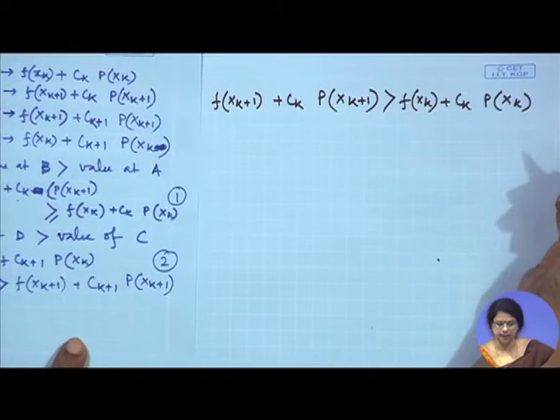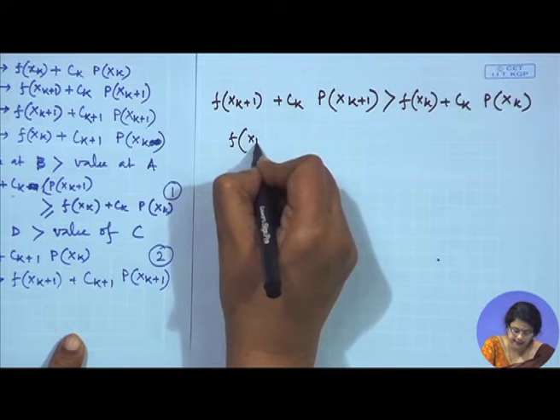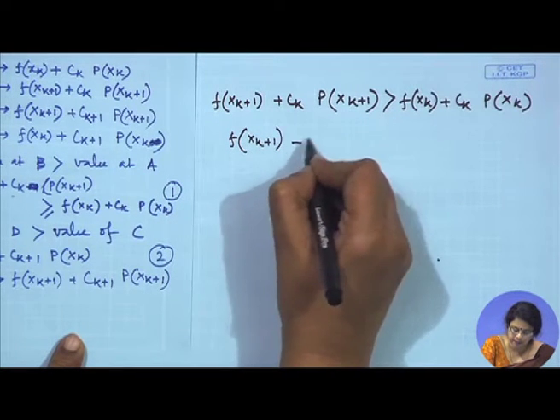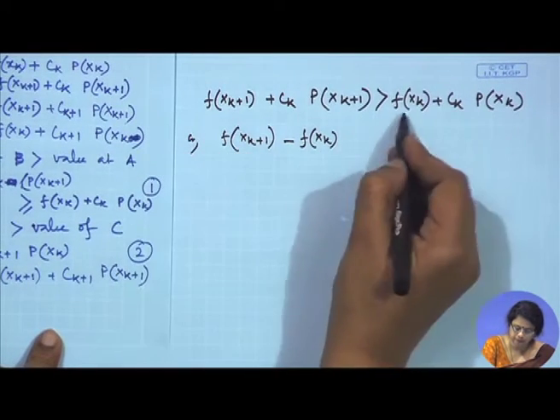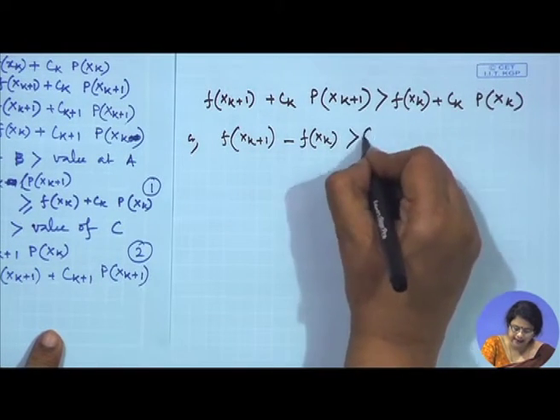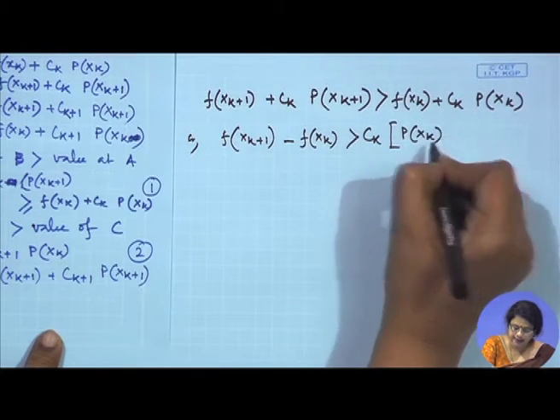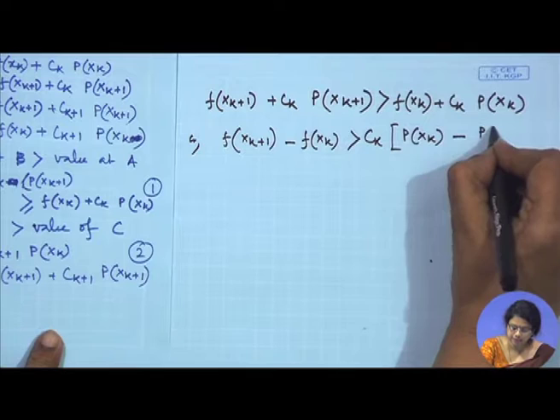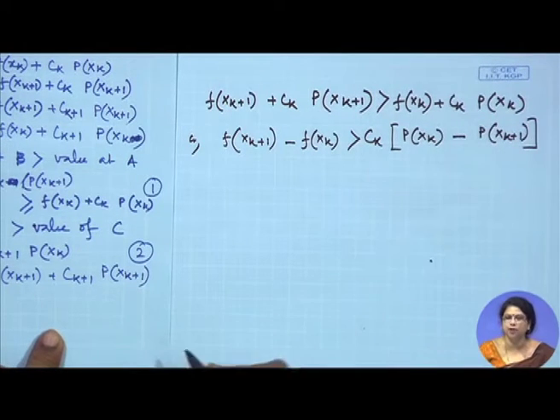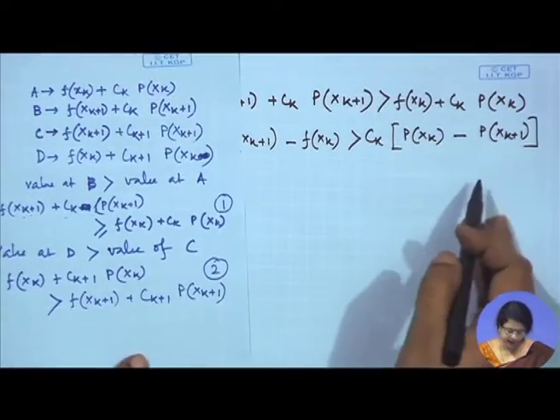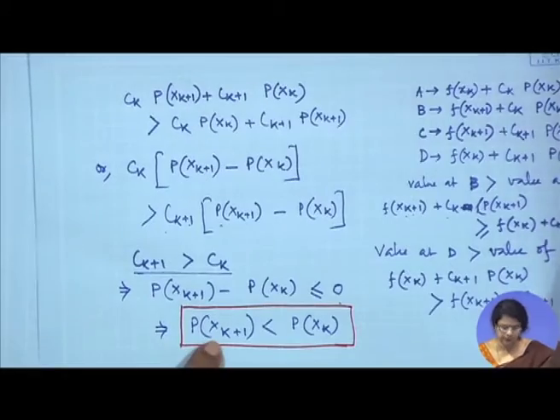Is that correct? Now, from here if I just consider f(x_k+1) minus f(x_k), it is greater than c_k times (p(x_k) minus p(x_k+1)), is it not? Now, you see p(x_k+1) is the lower value than p(x_k), just how we proved it.